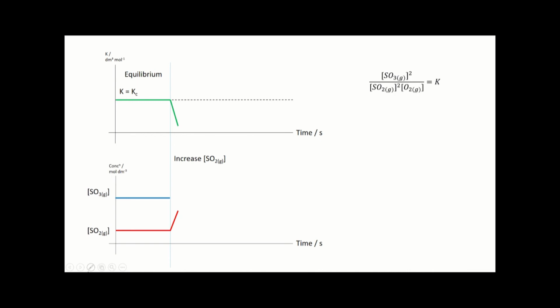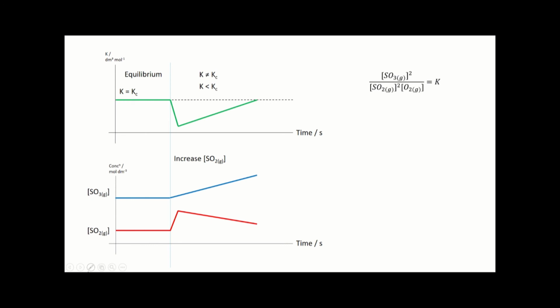And as we do that, the reaction rate reverse speeds up, and when they equal each other out, we end up in equilibrium again. As we're using up SO2 and increasing SO3, the K value here is going to go up because we're increasing the number on the top of the fraction and we're decreasing the number at the bottom of the fraction. So we can show that on the graph like this.